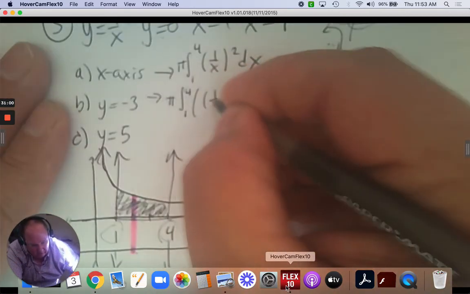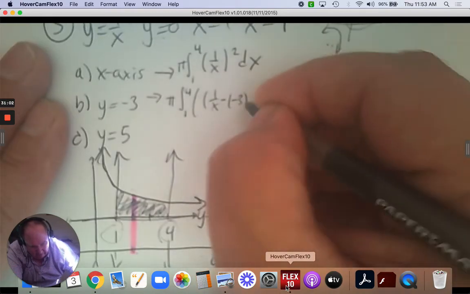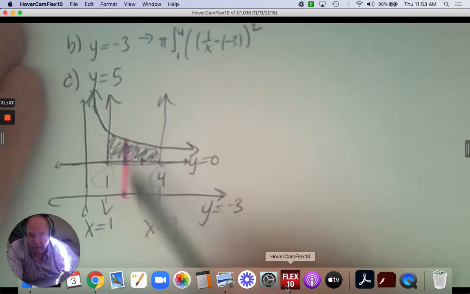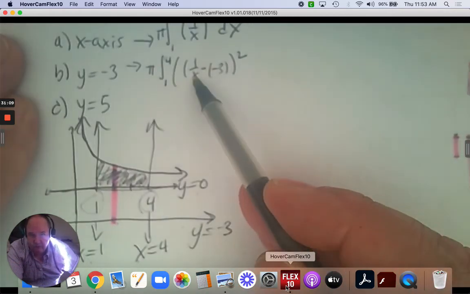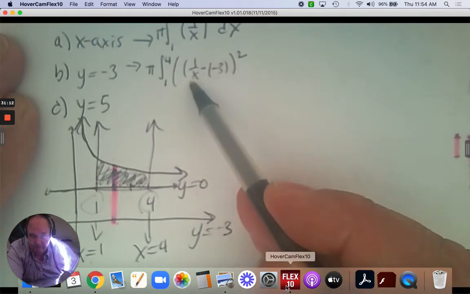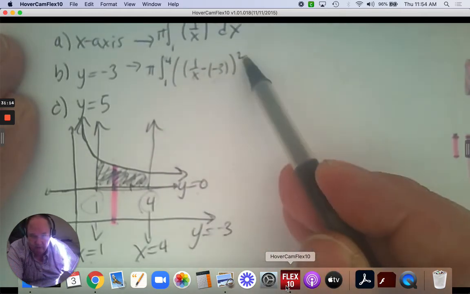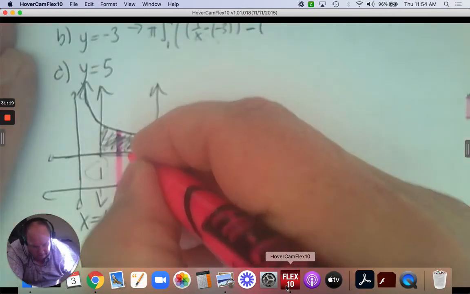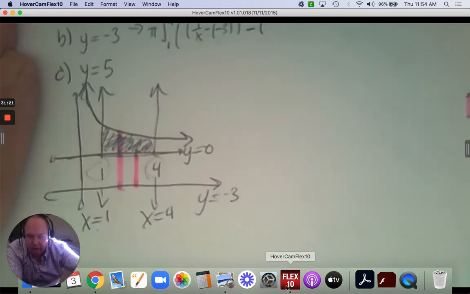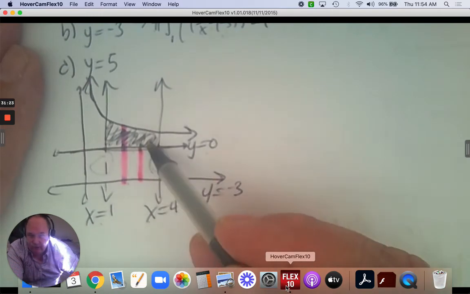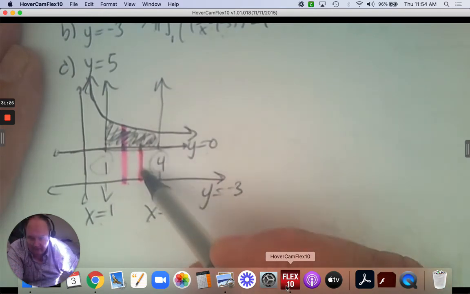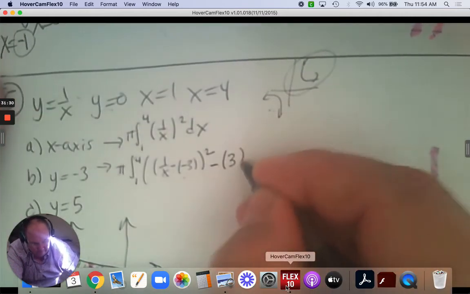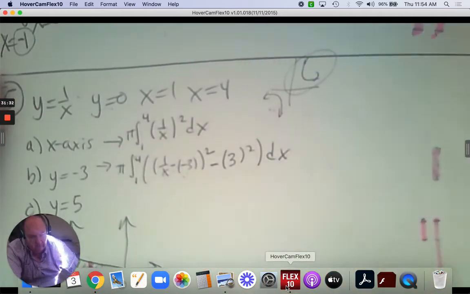So that's 1 over x subtract negative 3. So top is 1 over x. The bottom is negative 3. Top subtract bottom. That's the radius. So that's pi r squared. Subtract. Now, how about the smaller radius? Well, it's not even a curve. So for this one, top subtract bottom, what's the length of that? And that length is just positive 3. And there's the setup.